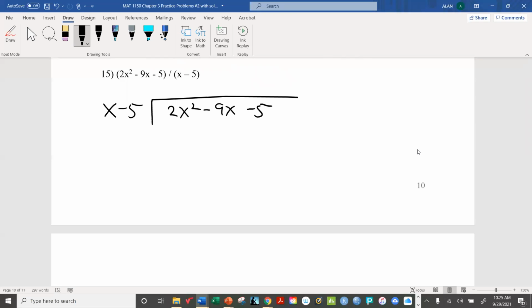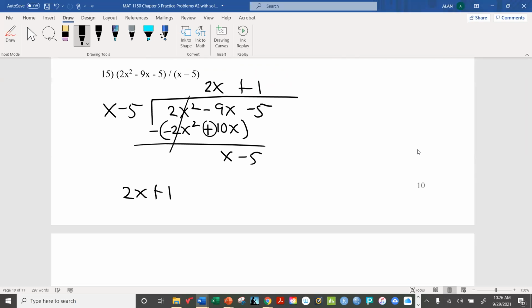All right, so again, if you put 2x here, you're subtracting this, you're adding this. These drop out. This is x, no. All right, I'll tell you what, let's do this. I'm going to multiply 2x plus 1 times x minus 5.